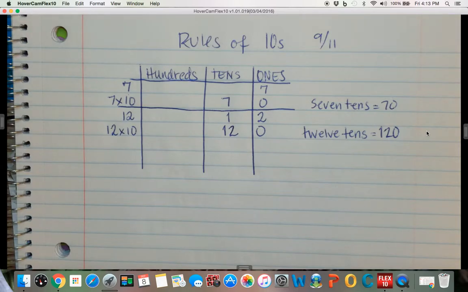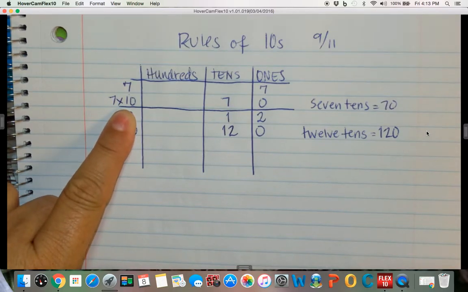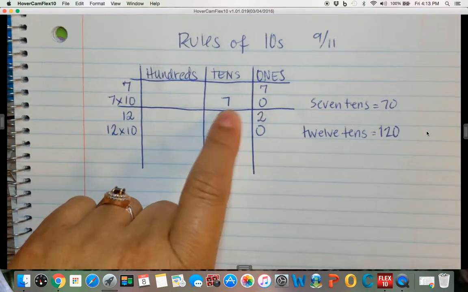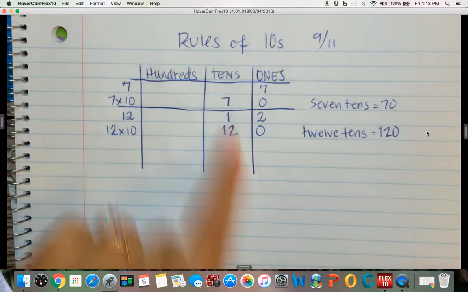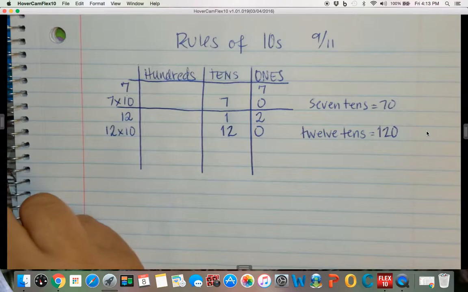Sometimes when this rule is taught, the quick way to say it is, 7 times 10, you just add a 0 to the end and get 70. Well, that's fine and good, and it's not a lie, but sometimes it's hard to remember why you're doing that.